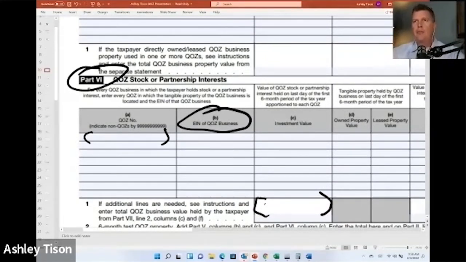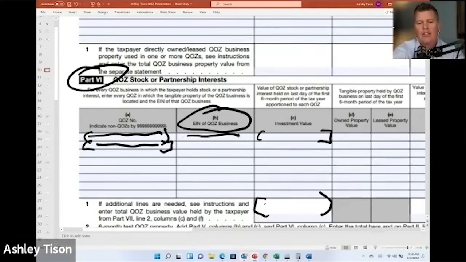So if you've got property in Texas in a zone, right, you're going to indicate that census tract right here, and you're going to indicate the EIN of the QOZB that owns it, and then the value for that property inside of that census tract broken down for that census tract. If you have property in Florida that's owned by the same QOZB or a different QOZB, you're going to put that same information down on this census tract, and you're going to break it out per census tract in this form.